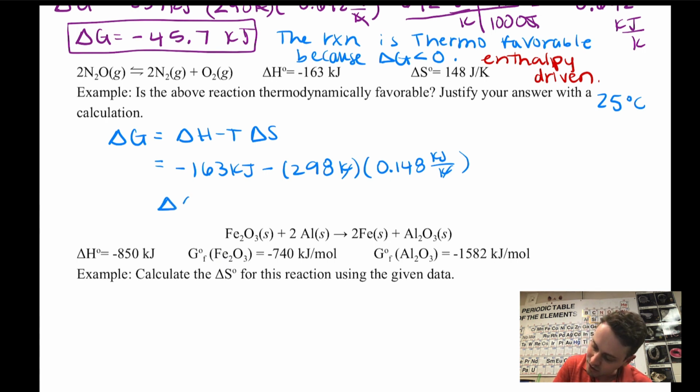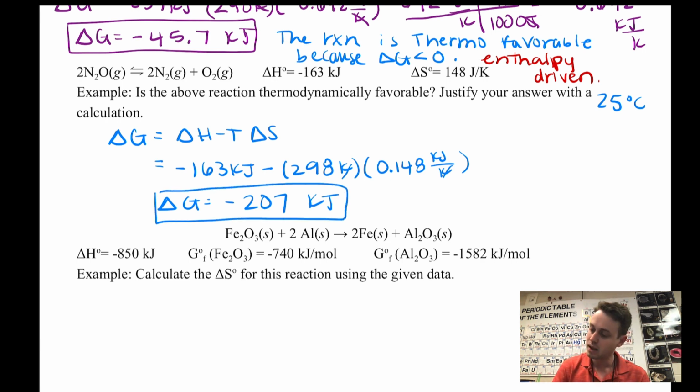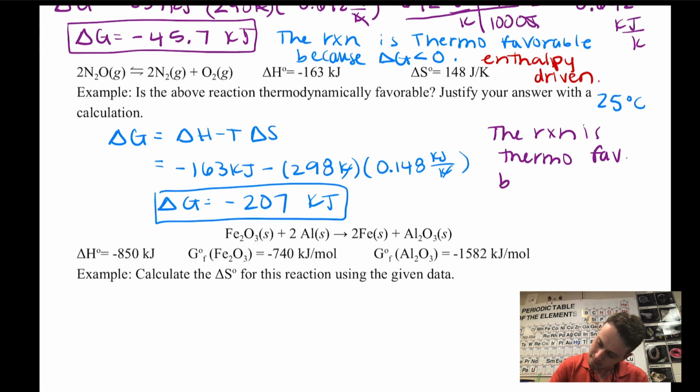And I got that delta G is negative 207 kilojoules. So I would say that the reaction is thermodynamically favorable because delta G is negative.